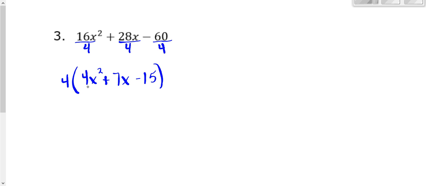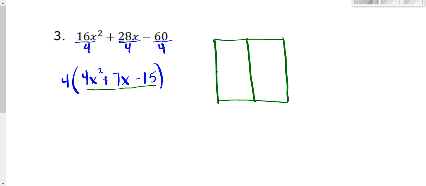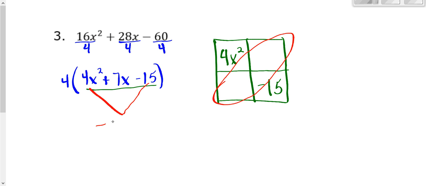Okay, so now I'm going to factor the piece that's inside my parentheses. So 4x squared belongs here and negative 15. And then I'm looking in these two boxes for two numbers that multiply to give me negative 60 and add to give me 7x. So let's just start with the negative 60.